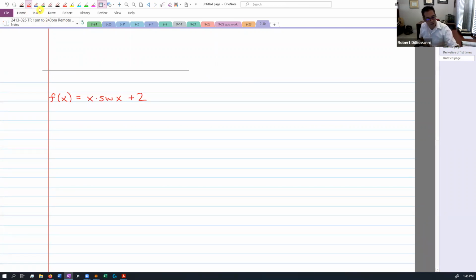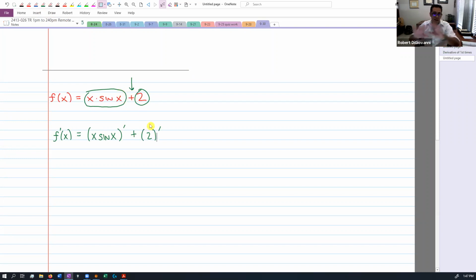So I need to first see, okay, I can do these separately, right? I can do this one and this one separately because there's addition. So when I take the derivative of this, I have to take the derivative of this and then add to it the derivative of that. That's the rule that says if I have addition, I can do them individually. So I haven't done any derivatives, right? This equals, now, how do you take the derivative of this product?